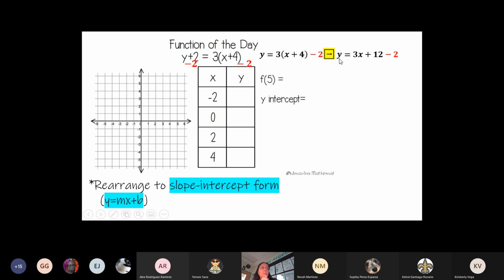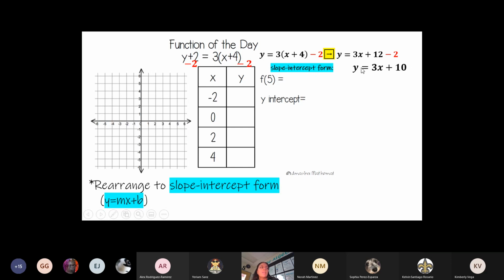Because I took this 3 and distributed it to both terms in the parentheses, that simplifies to y equals 3x plus 12 minus 2, which becomes y is equal to 3x plus 10. So now I'm in slope-intercept form.